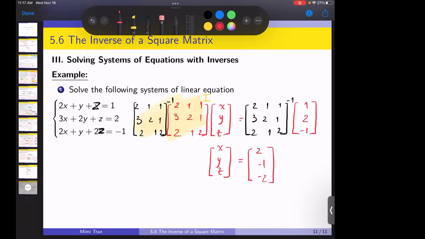What happens? Can I multiply them together? This is 3 by 3. This is 3 by 1. You will be able to multiply because the inner dimensions match, right?